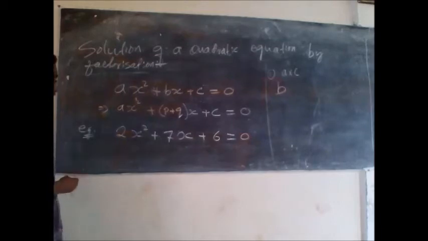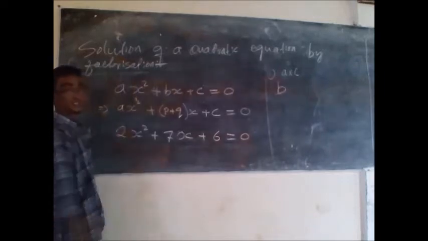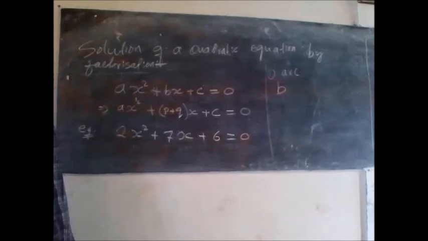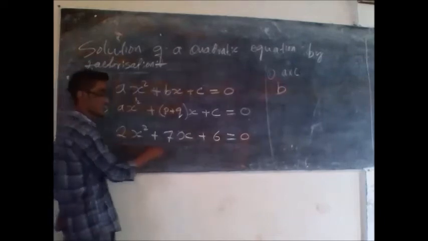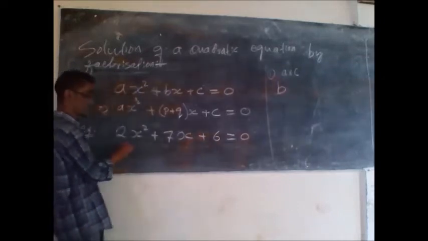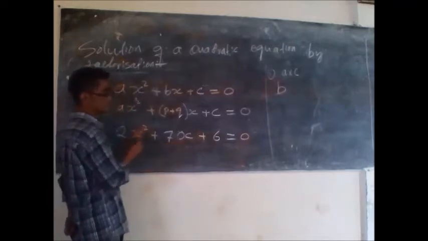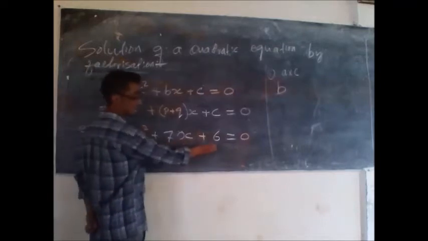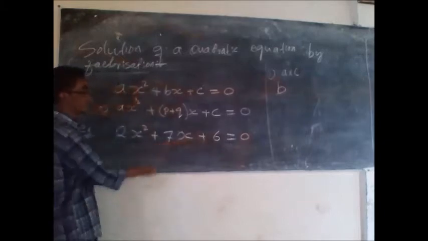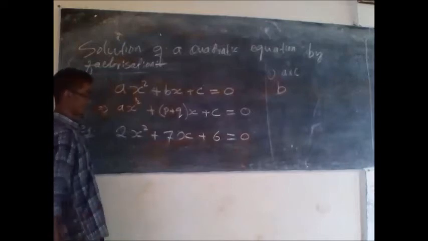Then if you want to split this, you have to split this 7. So what will you do? First of all, you multiply this 2 and this 6. 2 multiplied by 6 equals 12. This is a, this is c, and this is b. Then we split b, we split this 7.